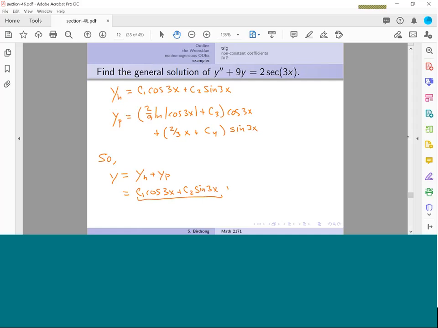Now I'm going to multiply out these two things, or distribute the cosine and the sine through. This means we're going to get 2/9, and it's formal, it's official to put the cosine in front of the natural log. So this would be 2/9 cosine of 3x natural log of cosine 3x. And the next term, when you distribute through, would be C3 cosine of 3x.